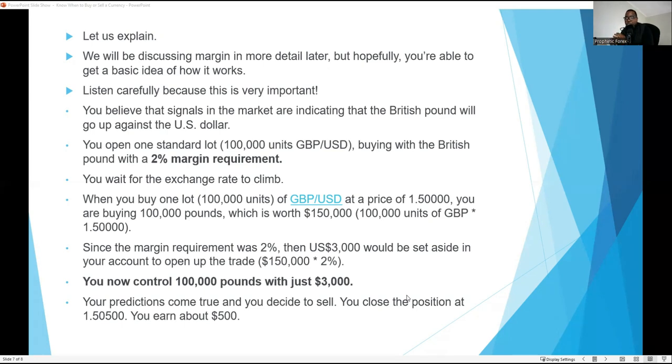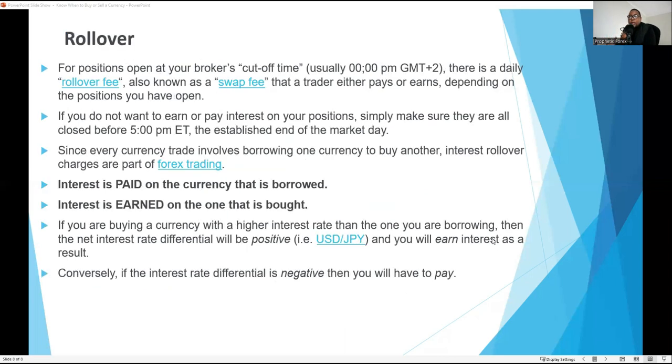Then you can control it, and of course now you could have made at least 500 from your 100 pounds or whatever the capital may have been. So we're essentially showing you the power of margin and leverage as you're buying and selling.